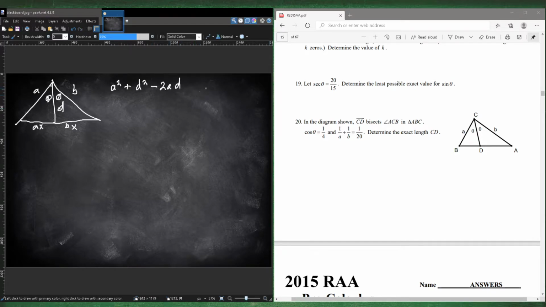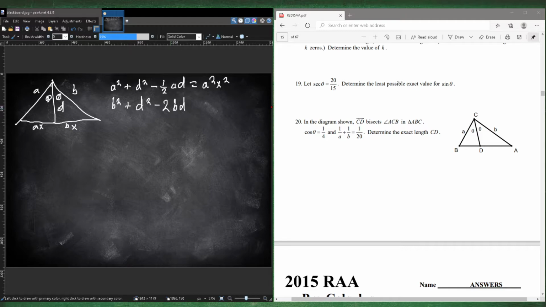Cosine of theta is 1/4, so negative 2 times 1/4 is negative 1/2, giving negative 1/2 ad, which equals a squared x squared. Then the other triangle gives b squared plus d squared minus 2bd cosine of theta.